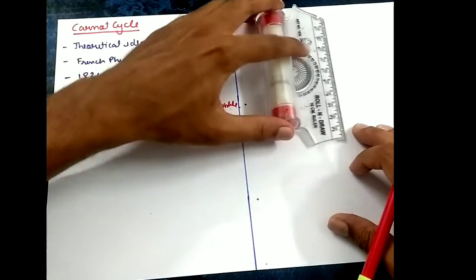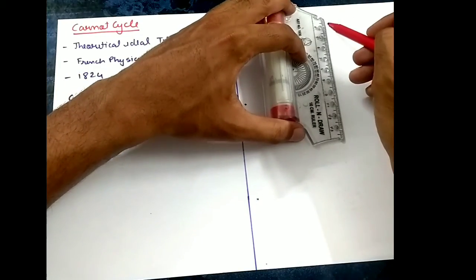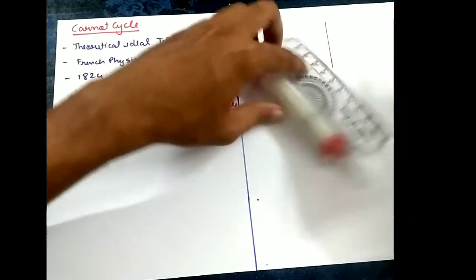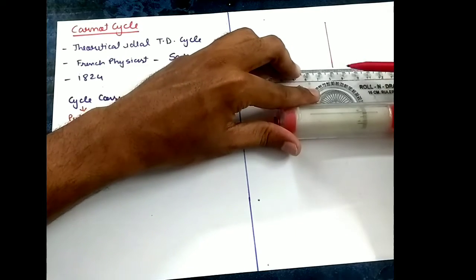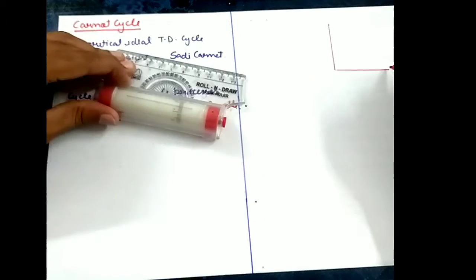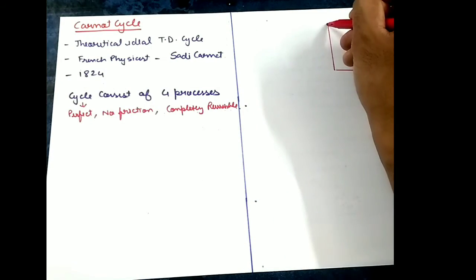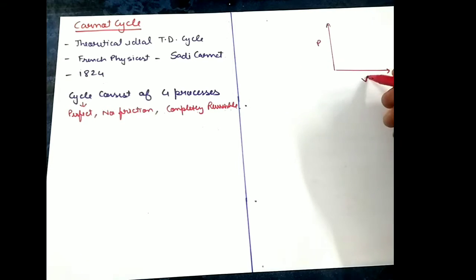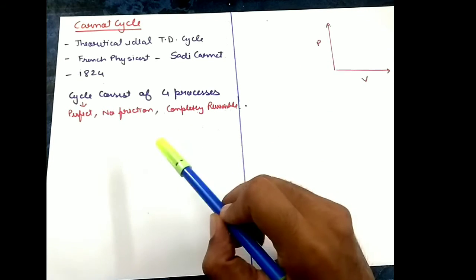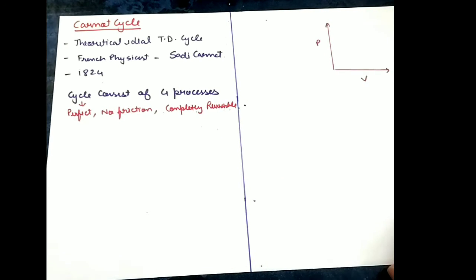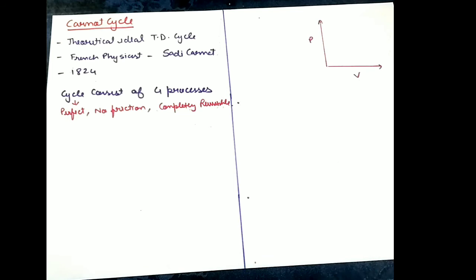Here I'll be drawing the PV diagram, and explaining the four processes. Now coming to the first process: the first process is reversible isothermal expansion.